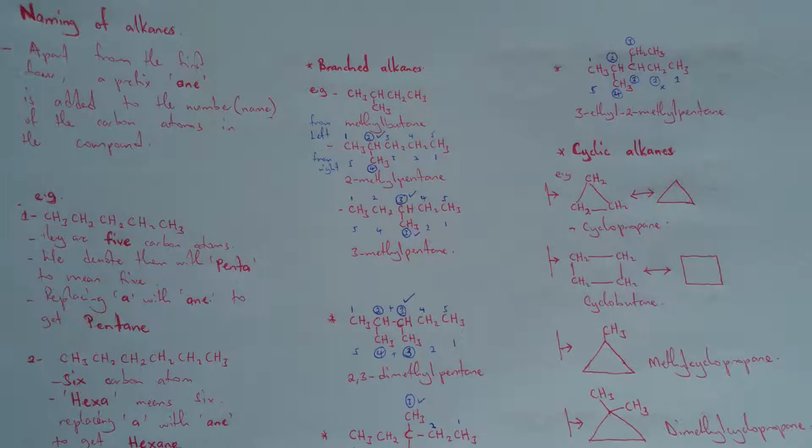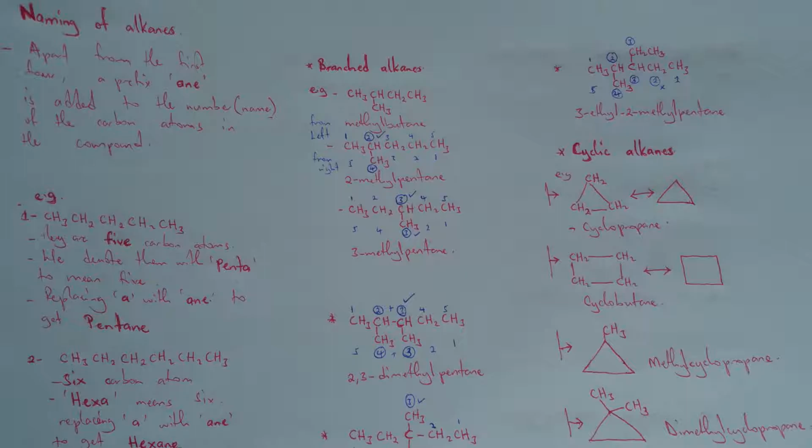Then the other thing, if I'm not forgetting, is that at times we have branched members which have more than one substituent attached to the main carbon chain. For instance, I will use the same example, the pentane having a methyl group attached.